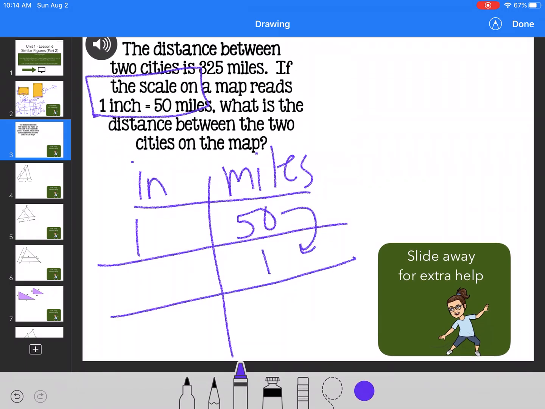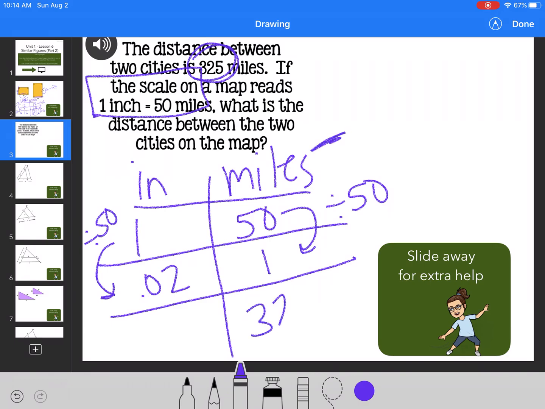So to get from 50 to 1, I'm going to divide by 50. So I'm going to do the same thing on this side. I'm going to divide by 50. So in my calculator, again, I don't want to clear anything out. So I've got 1 divided by 50. Order matters. So I get 0.02. Now I want to get to 325 miles.